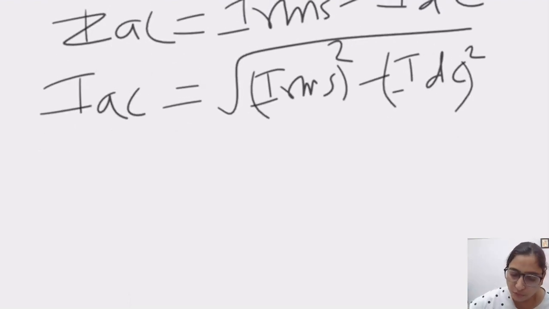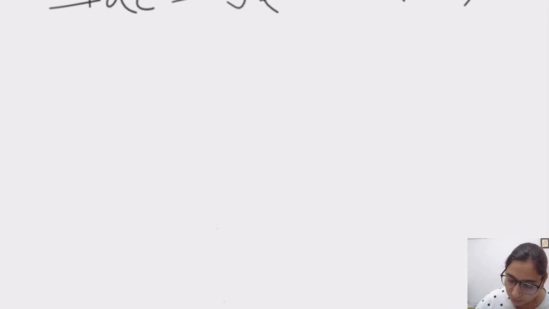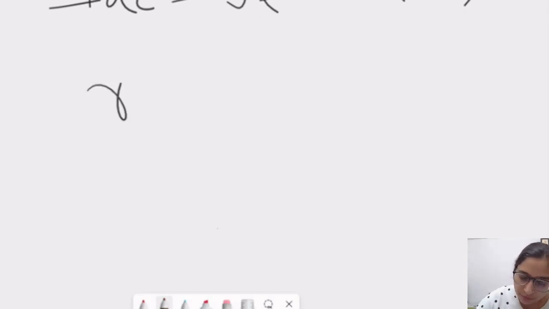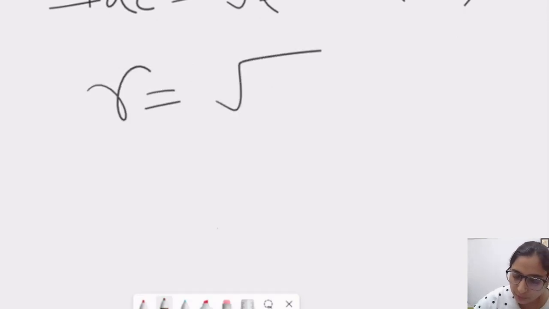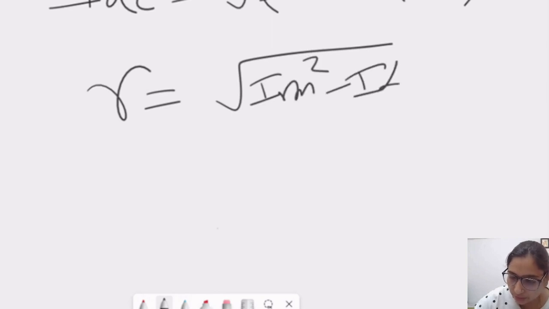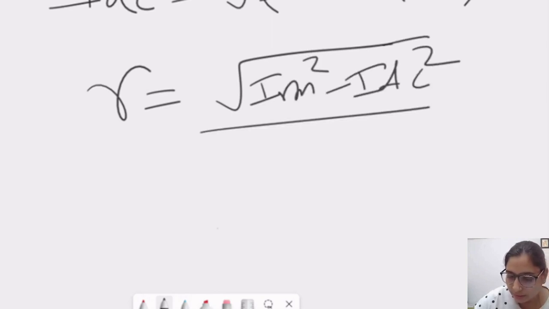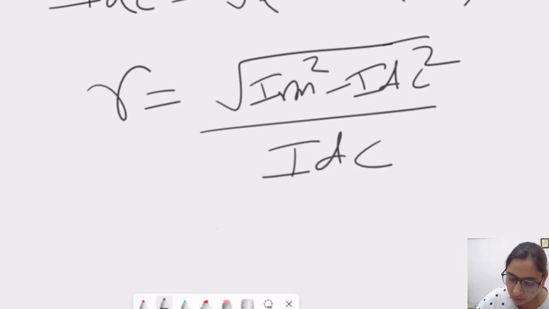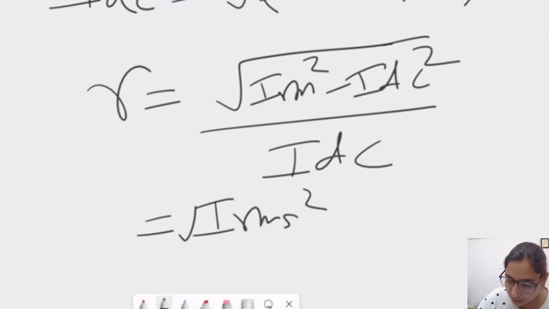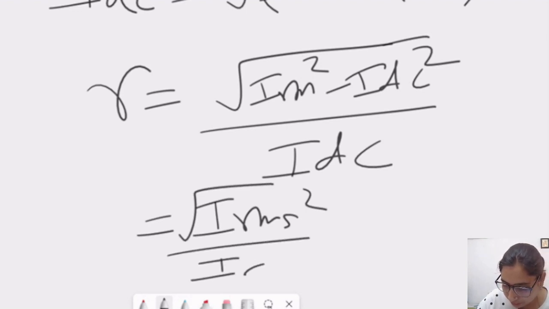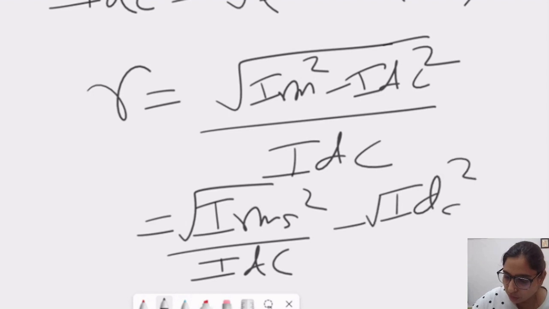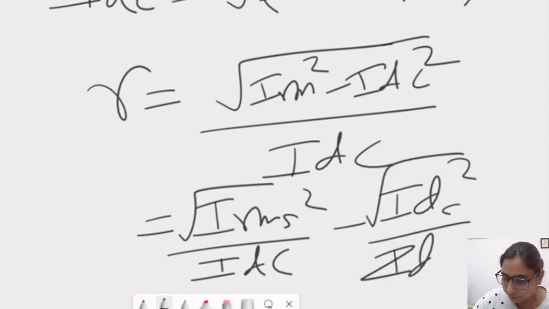Now we will put the value of IAC in our ripple factor formula. So this is our ripple factor formula. IAC is nothing but under root of IRMS square minus IDC square, divided by IDC. If we further simplify it, we are getting IRMS square under root divided by IDC, and here IDC square under root divided by IDC.